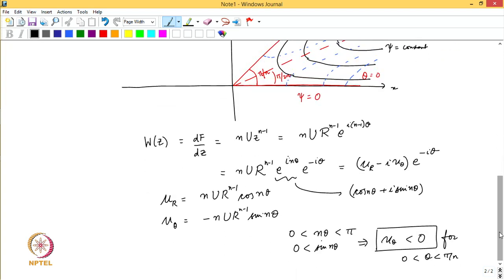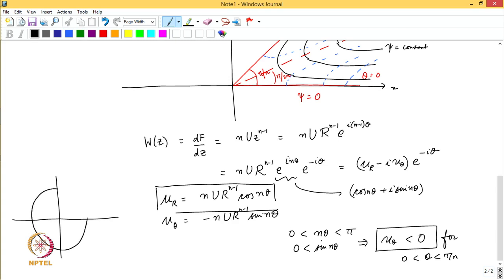Okay. So, now how do you determine the direction of the flow? What I will do to explain this is to look at the sign of u r. The reason I want to do it is that if you look at the complex plane and draw a circle of some radius r, then I know that the radial vector is positive in this direction and the angular vector is pointing in this direction at a given angle theta.